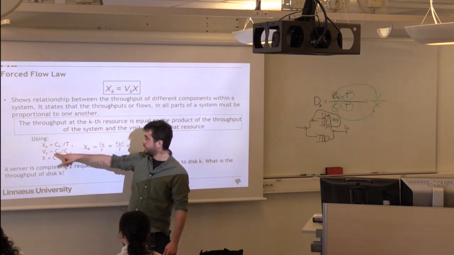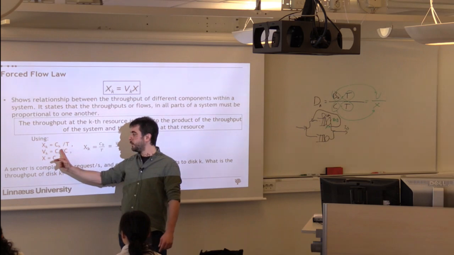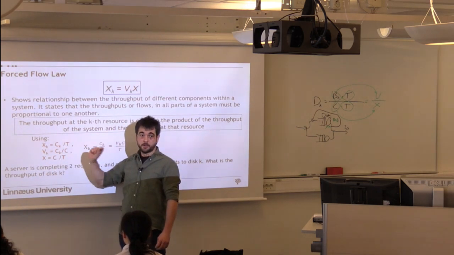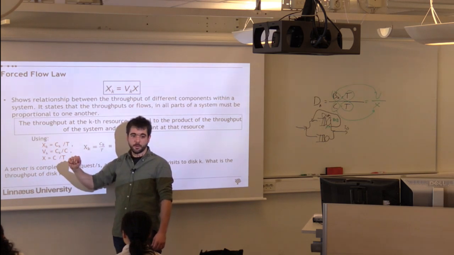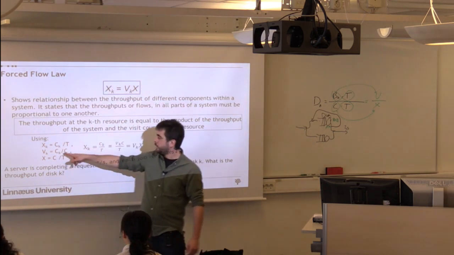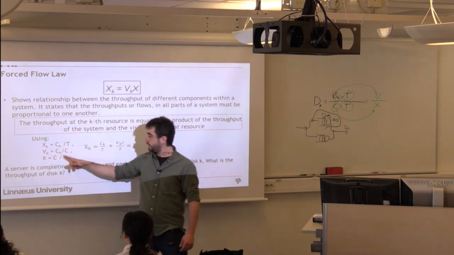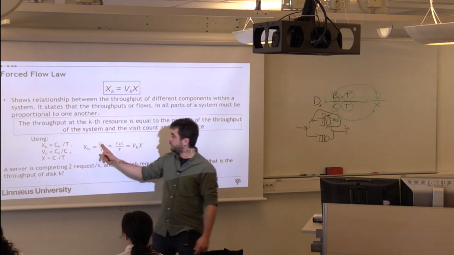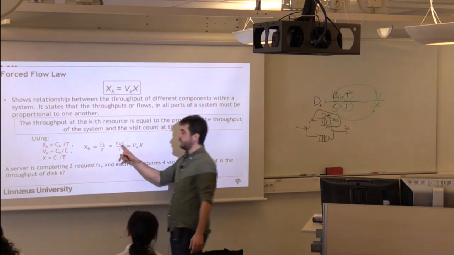The amount of visits to a resource we can compute as the number of jobs that completed in that resource divided by the number of jobs that completed in the whole system. So this C, we can move it here. So Vk multiplied by C is equal to Ck. So we substitute this here and we get the other part, Vk multiplied by C.